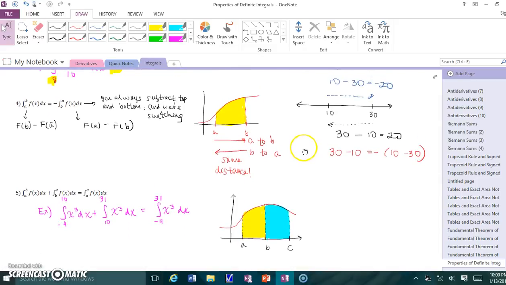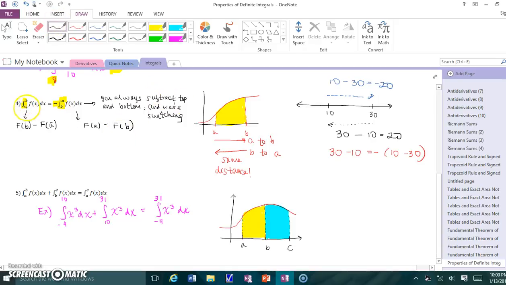Property number 4. This one says if I have an integral from a to b of a function, that's the same as the opposite of the integral of the same function, but the limits of integration are swapped. Now remember, when I do an integral, you always do the top minus the bottom.